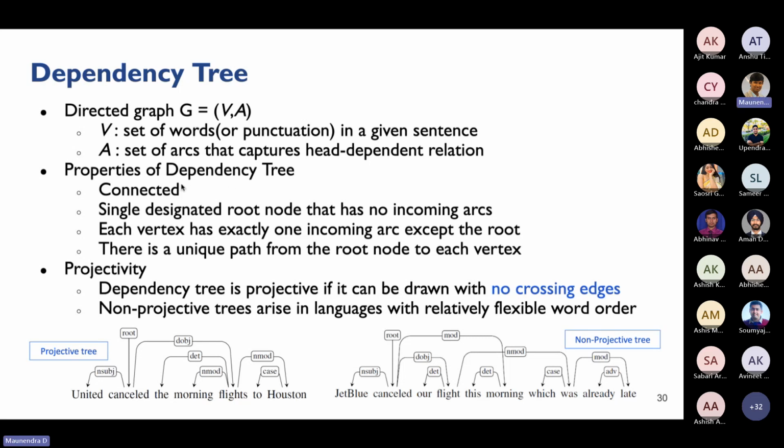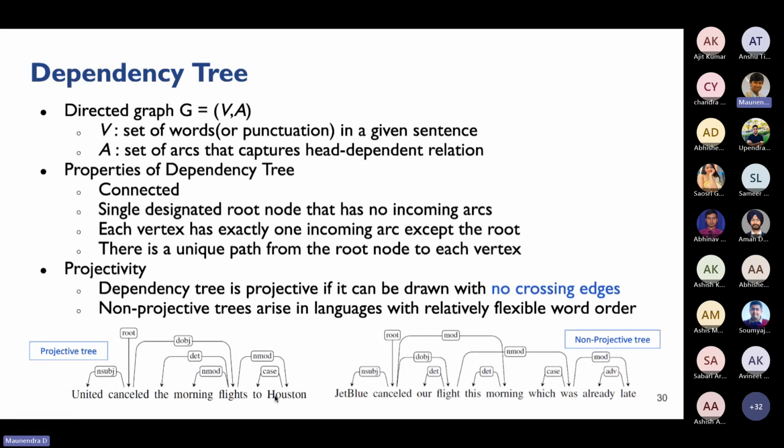Now this is a connected tree, so it will not have any nodes that are left out. It has a single designated root node, the property that we have with any tree, and that root node does not have any incoming edges. And typically the predicate, that is the main verb, is the root. Each vertex has exactly one incoming arc except the root.